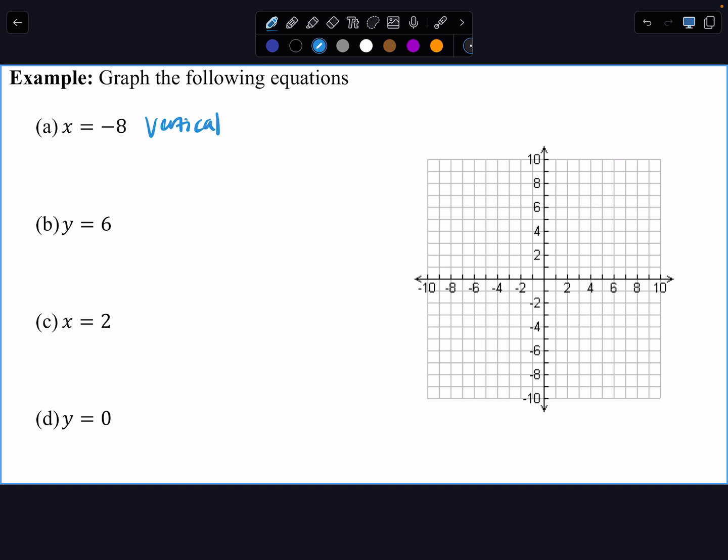So you're identifying whether the equation of the line is vertical or horizontal, and then you're graphing it and labeling it.